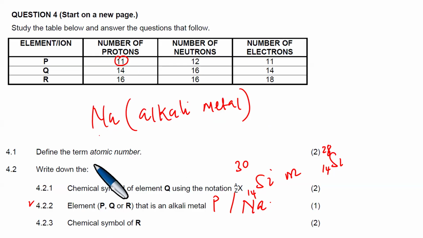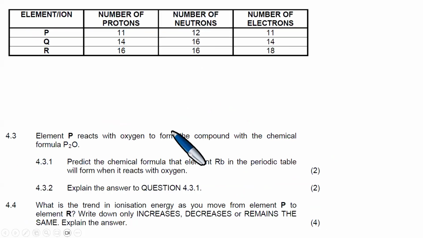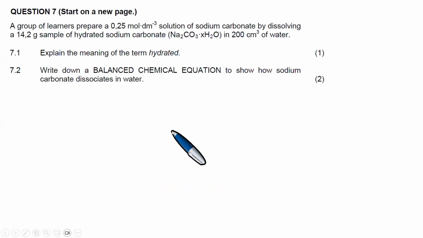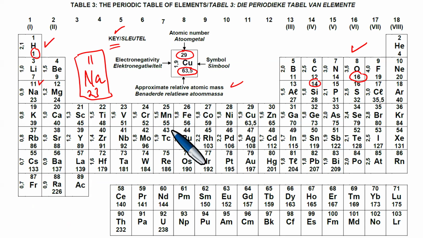Okay, so we continue. Now, the chemical symbol of R. What is the chemical symbol of R? The chemical symbol of R that has 16 protons. Let's check. Atomic number 16. Atomic number 16 is sulfur.